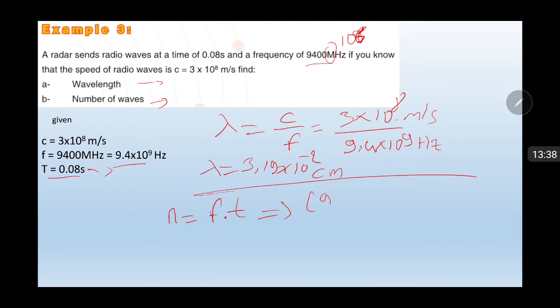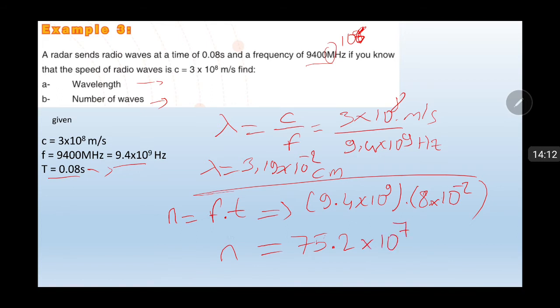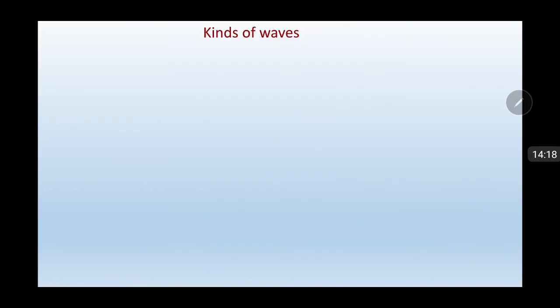I am writing the frequency, we know 9.4 multiplied by 10 to the power 9, multiplied by time, which is 8 multiplied by 10 to the power minus 2 seconds, equals 7.5 multiplied by 10 to the power 7. This is the number of waves.